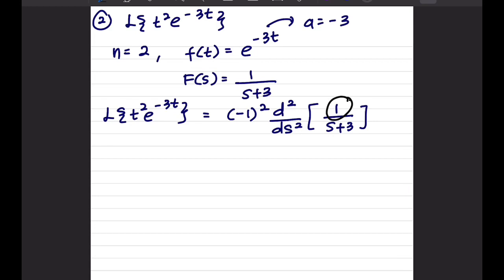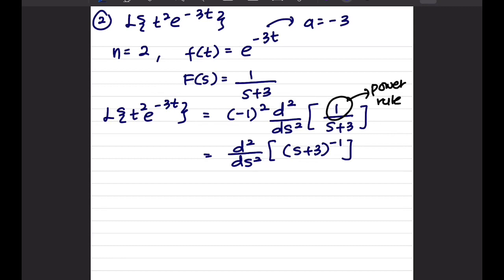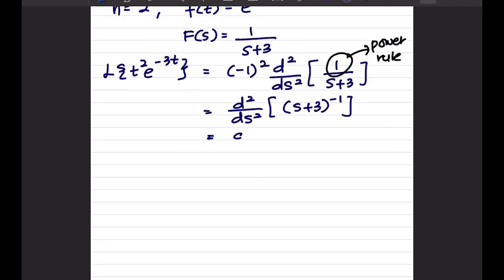Okay, look at the function F(s). We have 1 constant on top. So apply the power rule. So d squared over ds squared of (s plus 3) to the power of negative 1. We will differentiate the first time. Get negative 1 times (s plus 3) to the power of negative 2 times 1.